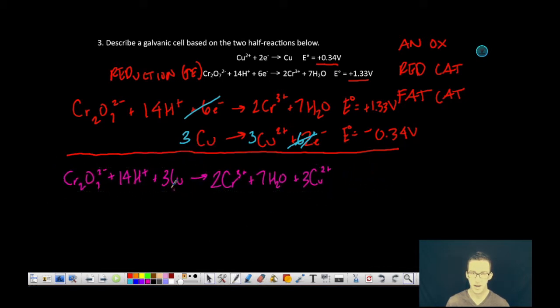So there's our balanced redox reaction. For the standard cell potential for this galvanic cell, we're going to add these two together to get positive 0.99 volts.